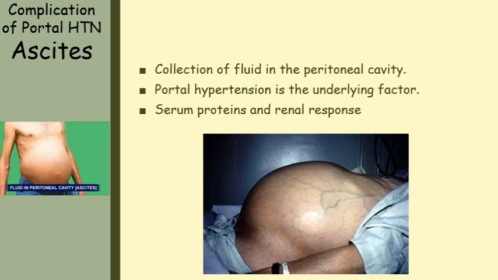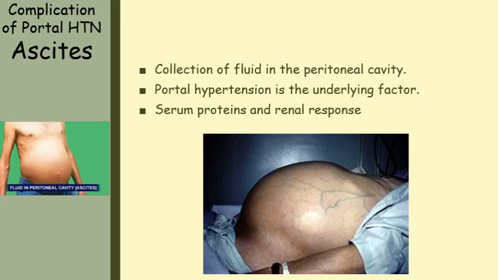If we release antidiuretic hormone, then what happens? It increases the reabsorption of water and sodium, and it contributes to the ascites and the general edema that we see in our patients.